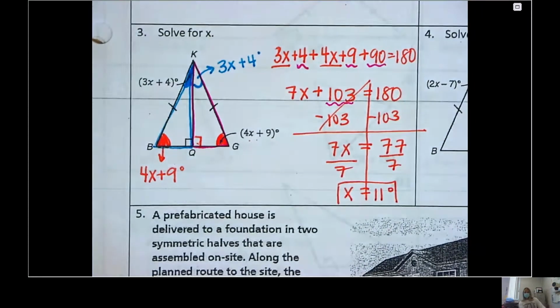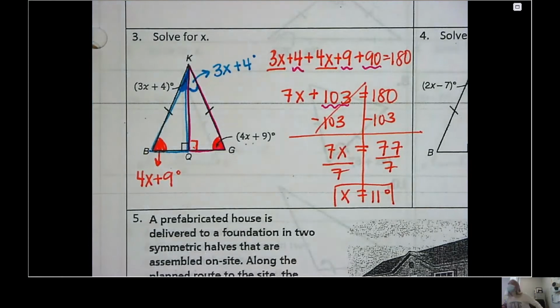So combine all your x's. Good. Get all your numbers together. And if you're feeling really confident, you can even try the next one, because I'm not going to do number 4 with you anyway. So I'm going to try that one once you're done.